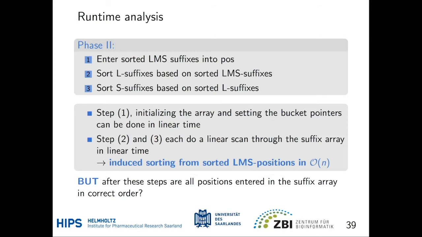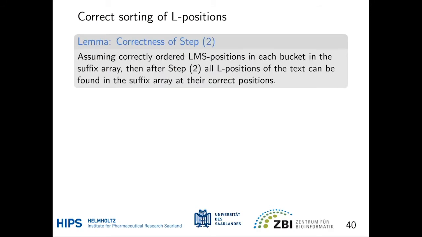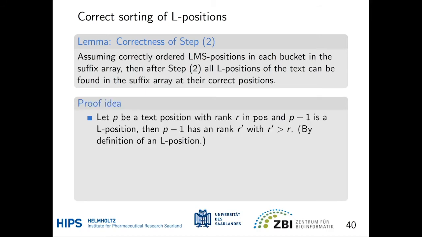The question is, how can we prove that these steps ensure that all positions in the suffix array are entered in the correct order? We can prove a lemma for correctness of this placing. Assuming correctly ordered LMS positions in each bucket in the suffix array, we can show that after step 2, all L positions in the text can be found in the suffix array at their correct places. The idea of the proof is the following.